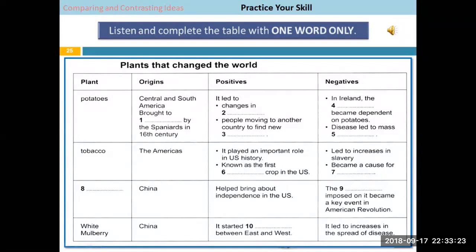On the downside, the success of this crop resulted in a greater demand for slaves to work the crops, and this eventually led to war breaking out between the northern states and those in the south. Now, the next plant I'd like to mention is one known and used all around the world: tea.